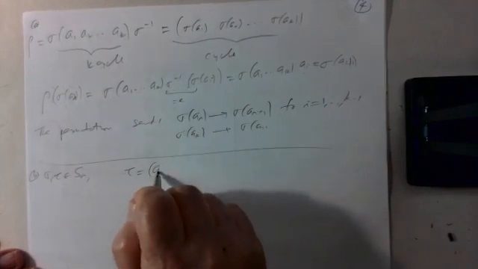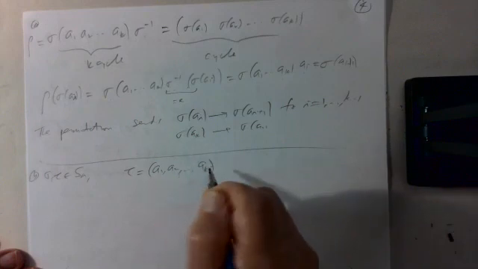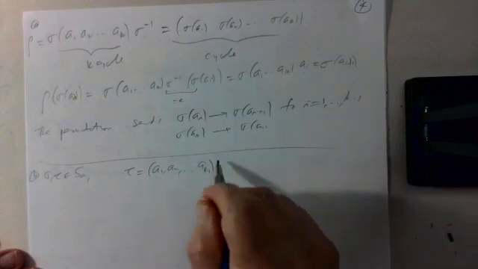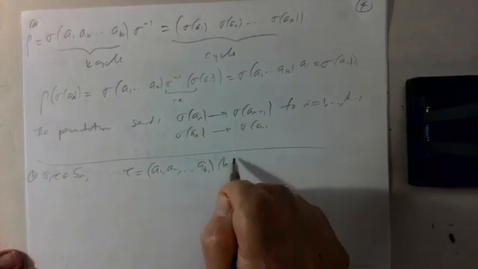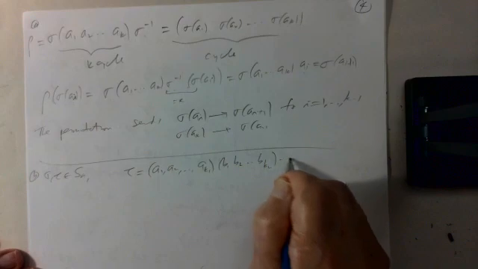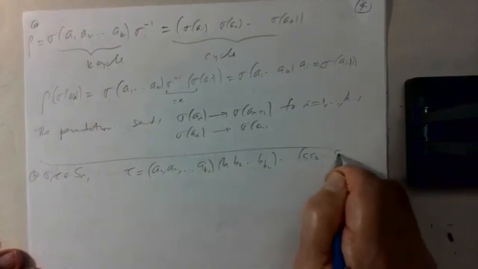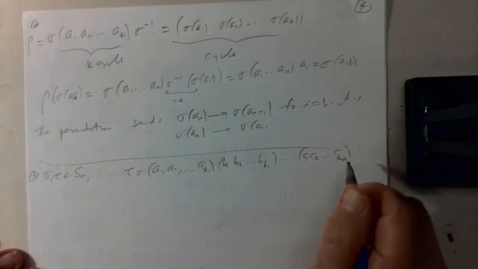Let's say (A1, A2 up to A sub k1). So this is a cycle of length k1. And say (B1, B2 up to B sub k2). And so forth up to (C1, C2 up to C sub kr).